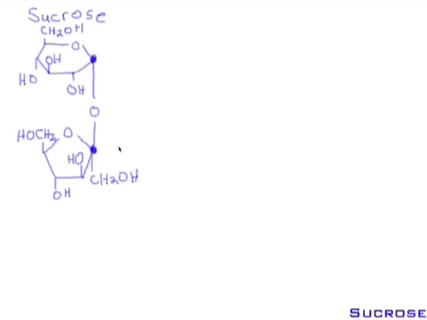I guess this would have to be referred to as an alpha-beta 1-2 linkage, where we're connected via an alpha linkage from carbon 1 of the glucopyranose. This is carbon 1. Here's carbon 1, that's carbon 2. The anomeric carbon's carbon 2 in fructose because it's a ketose, and it's a beta. So an alpha-beta 1-2 linkage.